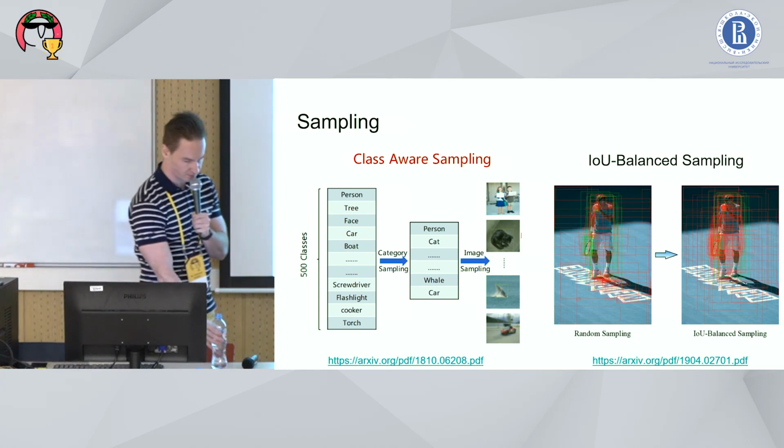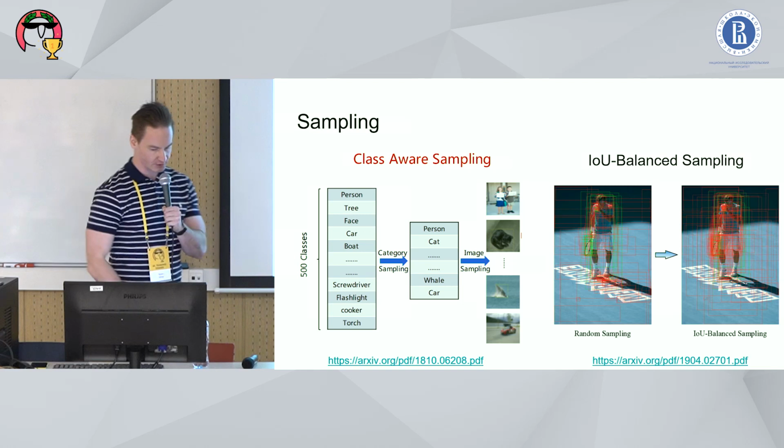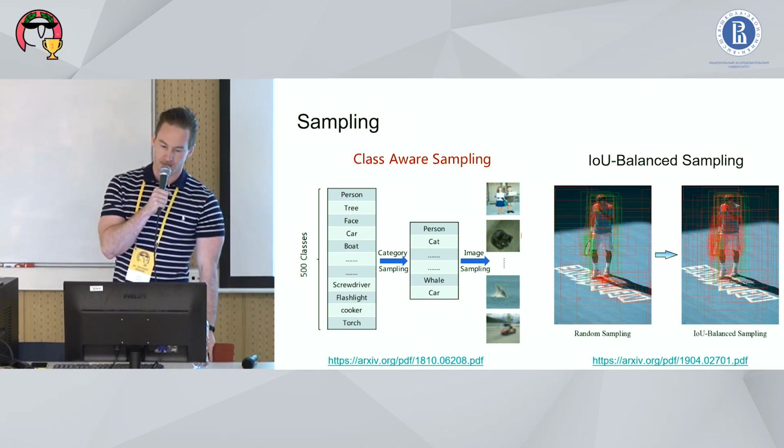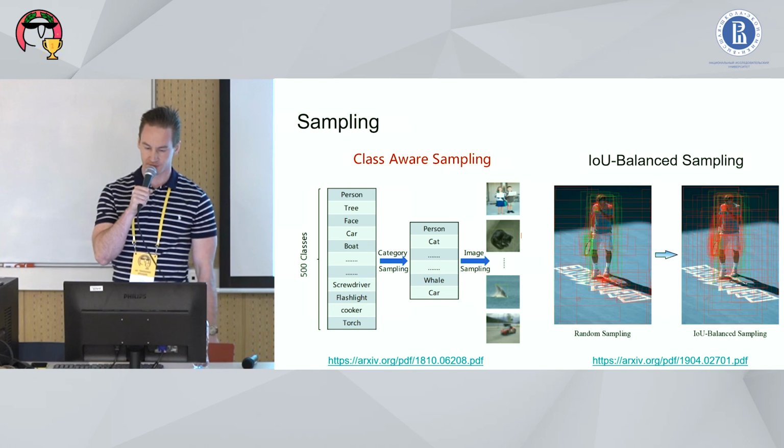The next thing is sampling. Everybody used some kind of class-aware sampling because you need to deal with this imbalance.